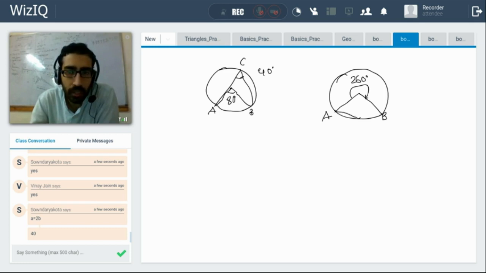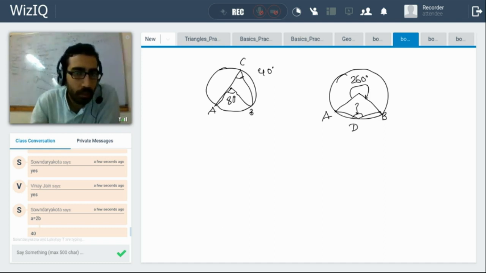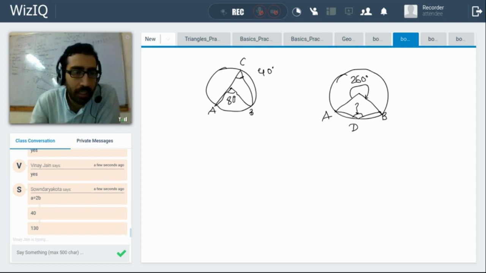How much is angle ADB going to be? What is the measure of angle ADB? It is 130. Absolutely. This holds both sides.